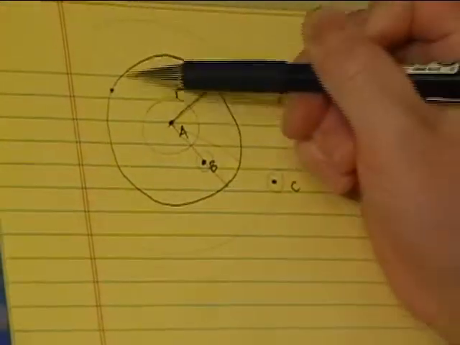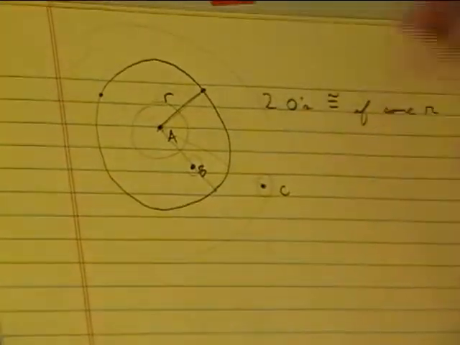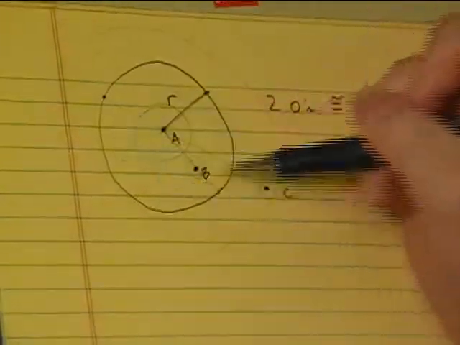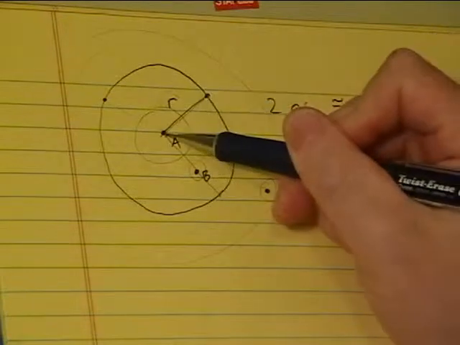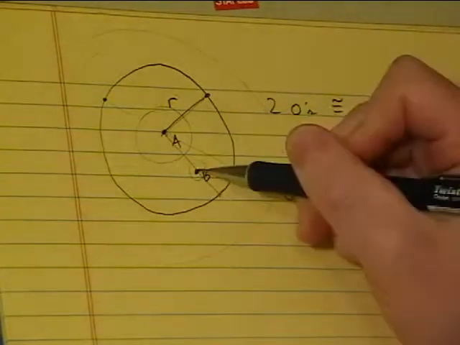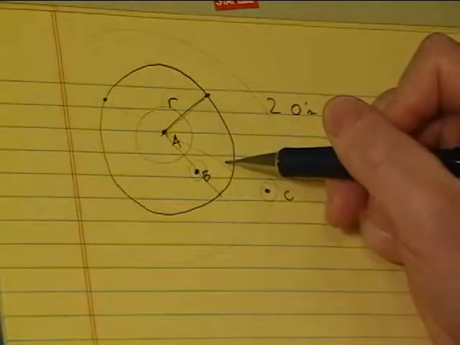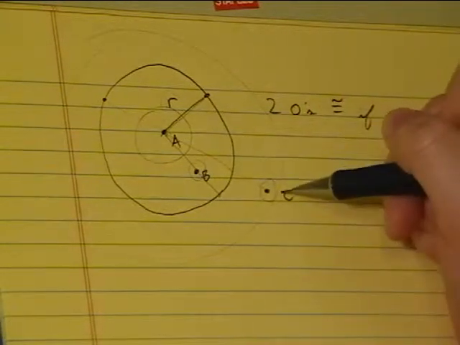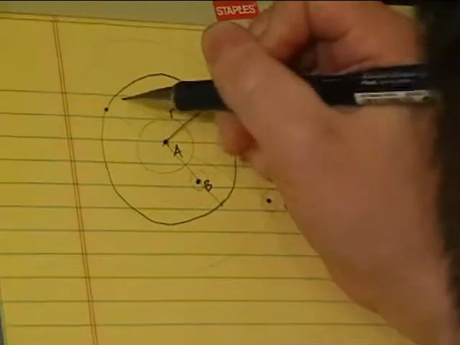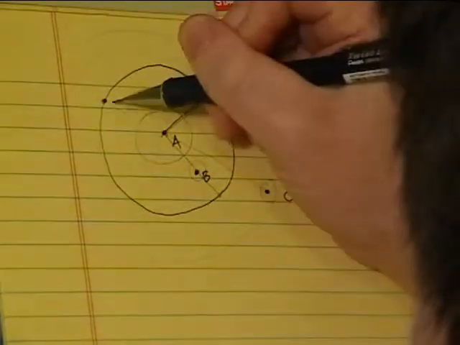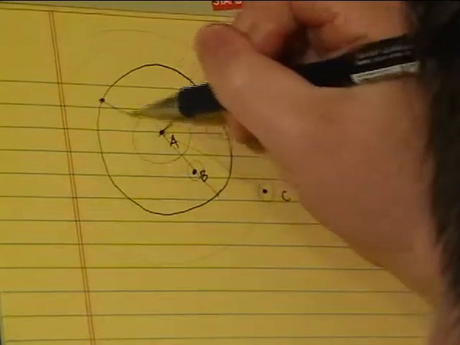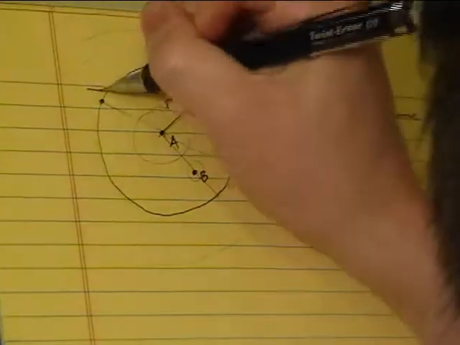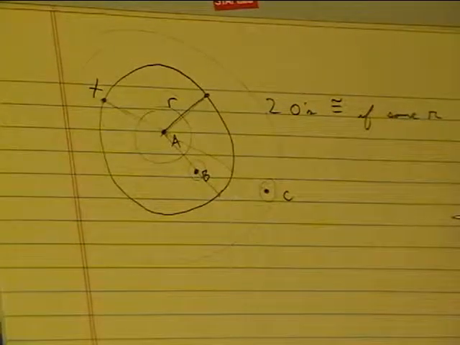It's all the infinite number of points, and points have no surface area, right? The infinite number of points that are one radius away from the center. So that means B is not on the circle. It's in the circle, but it's not on the circle. All right? And of course, C is also not on the circle. On the circle would be this point here if it is exactly one radius away from the center. And let's call that point X. All right?